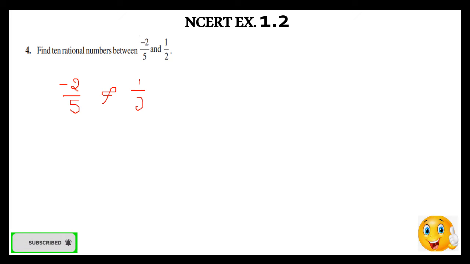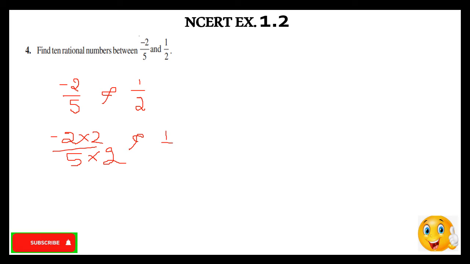So we know that the LCM is 10 here, so 5 can be converted into 10 by multiplying with 2, and the numerator will also be multiplied with 2. So it can be written as -2 times 2 upon 5 times 2, and 1 by 2 can be multiplied with 5 upon 5, so that we can have the same denominator.